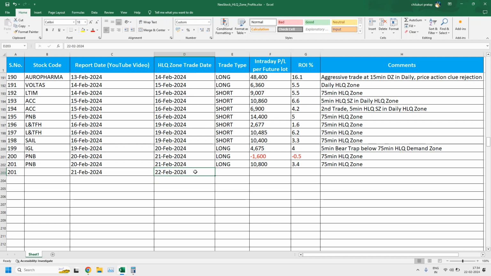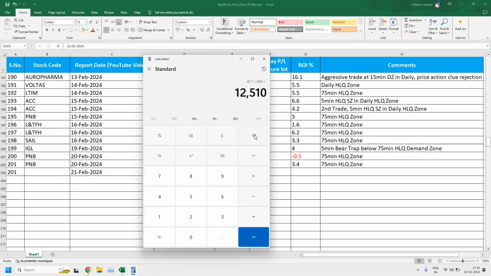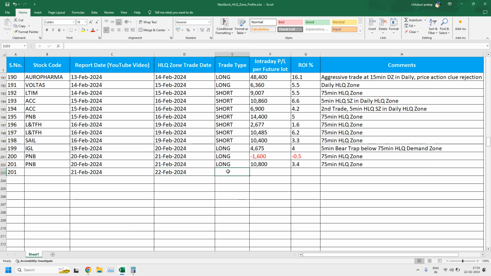Whether you or I took that executed trade is a different story. But it has given a trade. Whoever took this opportunity would have got profit. How much profit did they get? This is the one, 12,510. But before that, what kind of trade is it? Is it long or short? It is a short trade. How much profit did we get? 12,510.